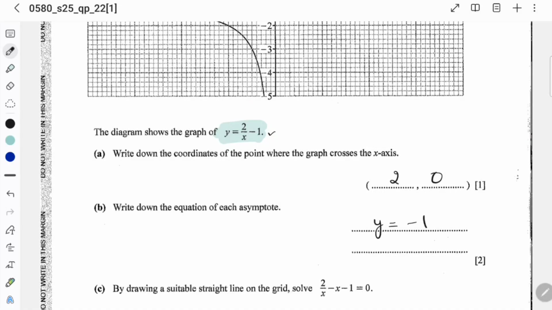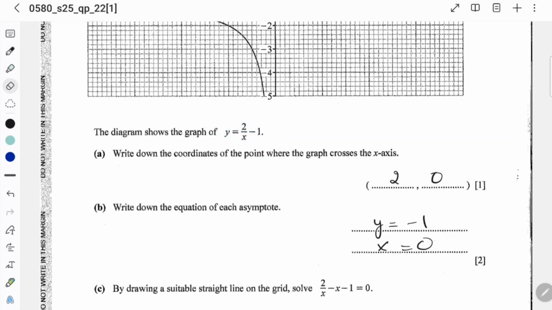And for a vertical asymptote, we just write down whatever is in the denominator, that expression is equal to 0. For example, x minus 1 equals 0, then x equals 1. So for that thing, x equals 0 is the vertical asymptote here.